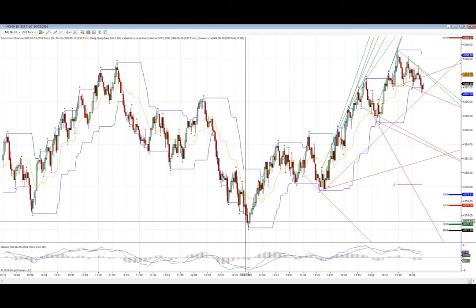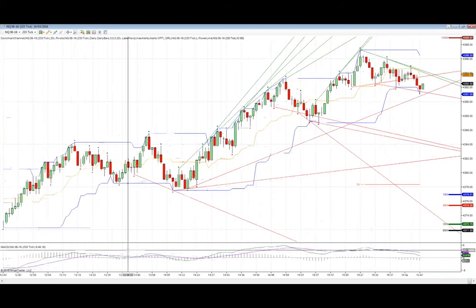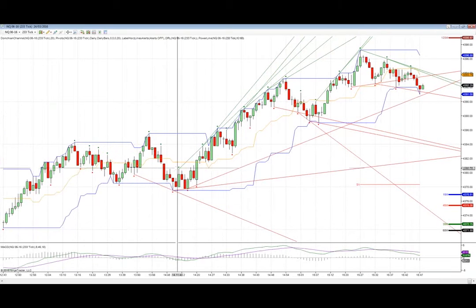So when we connect them, we create something called power lines, and these fractals also combine with end of buying, end of selling on the tape when the contract numbers descend or ascend. But that requires more explanation.